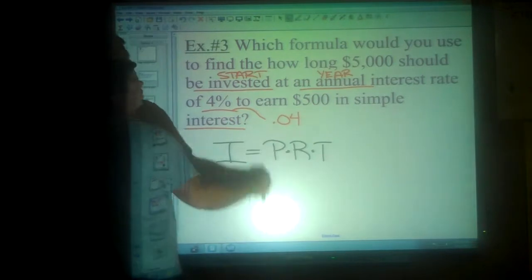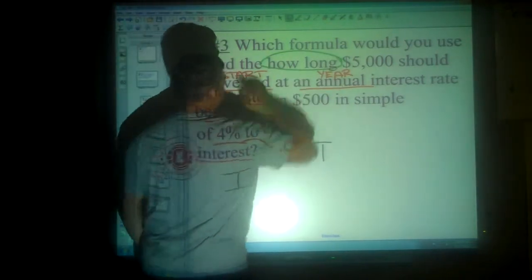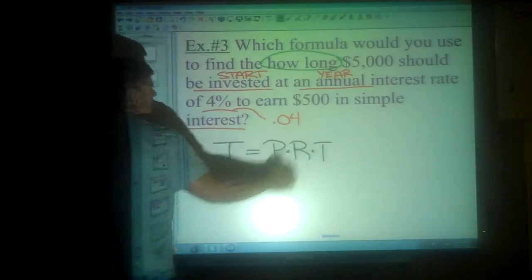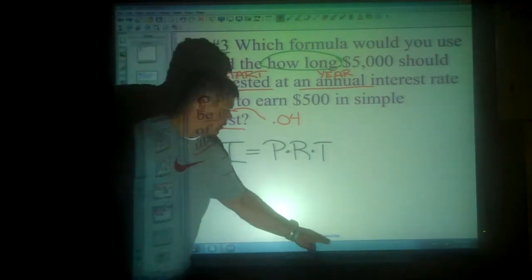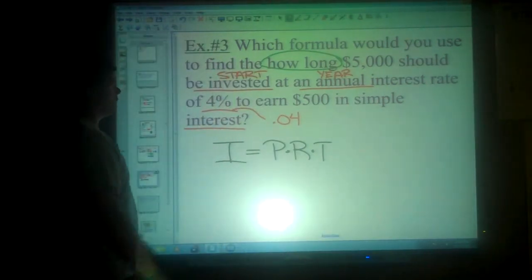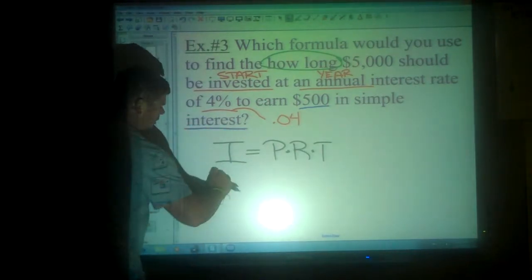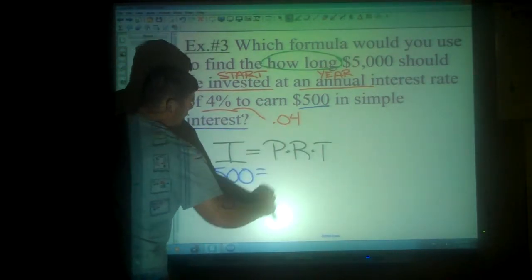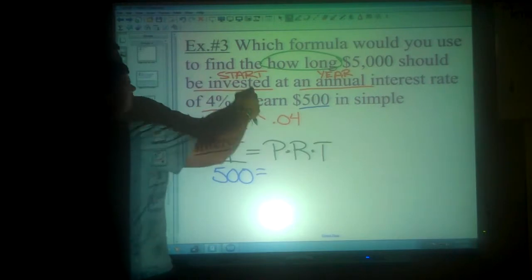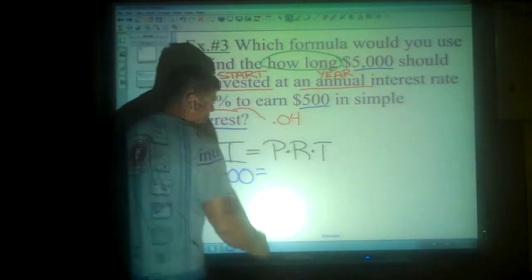This question is asking us how long, which means it doesn't know the time. We need to substitute all the values we know. The interest is $500. The principal, the starting amount invested, was $5,000.